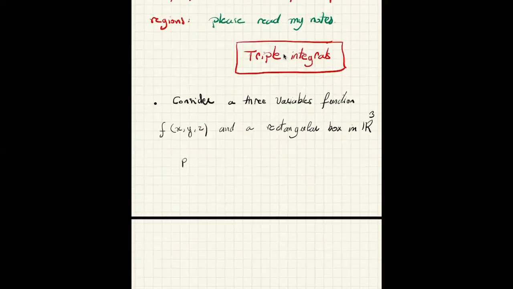This box will be the set of elements x, y, z inside R3 such that x is between a and b, y is between c and d, and z is between r and s.